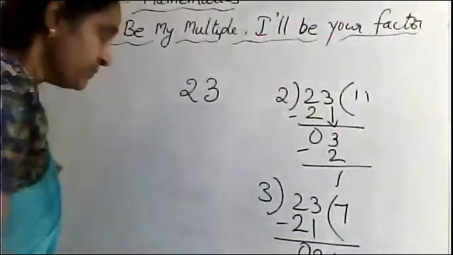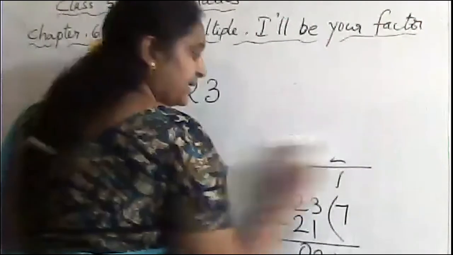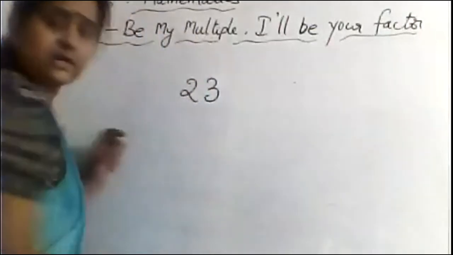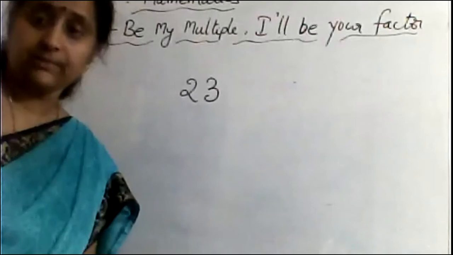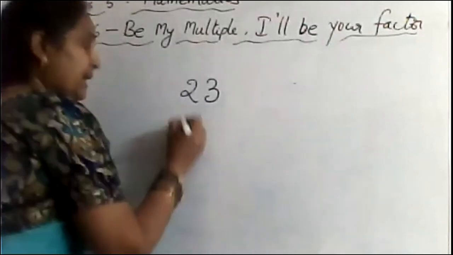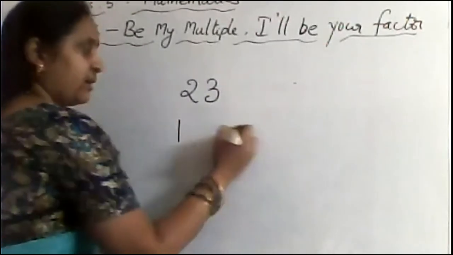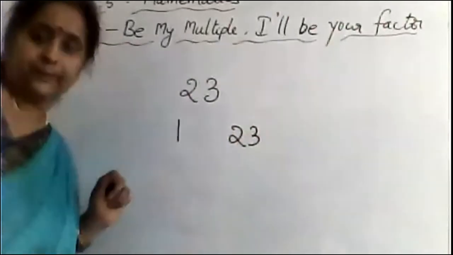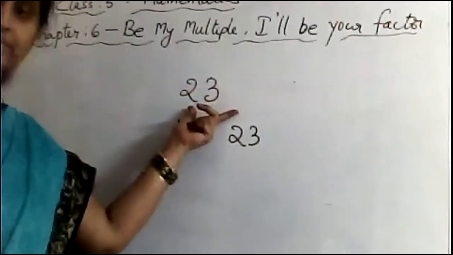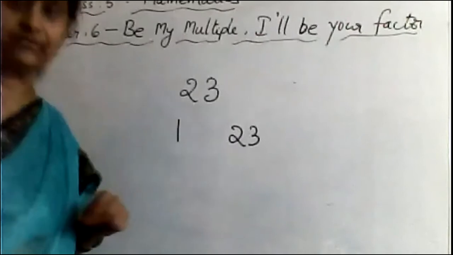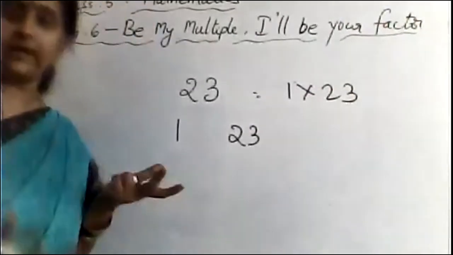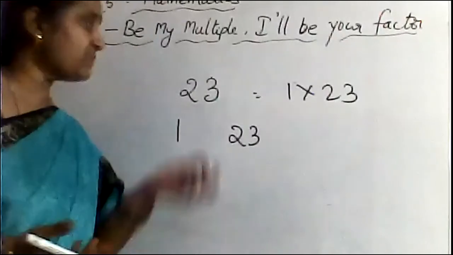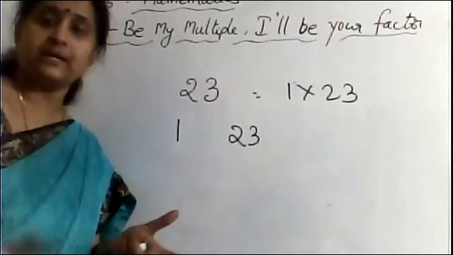So when dividing this number with any other number, it is not divisible exactly, not leaving remainder 0. So it can only be divided by 1 and the number itself. So 1 into 23 only we can write, nothing else, because it is not divisible by any other number.